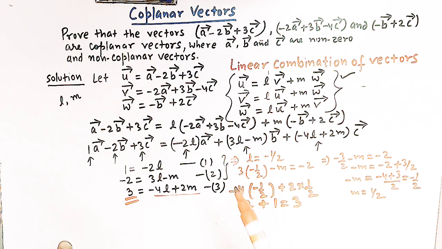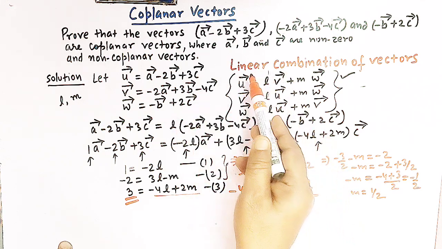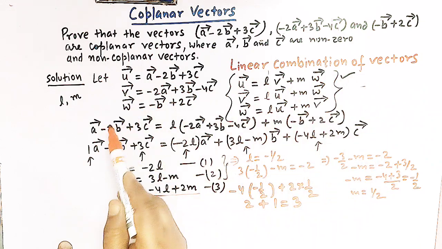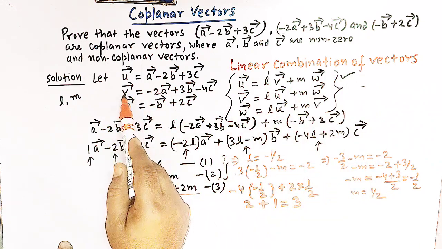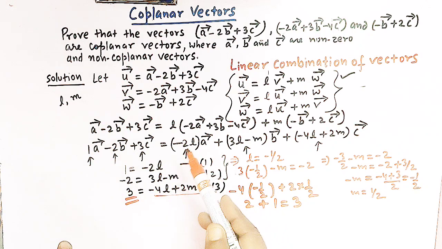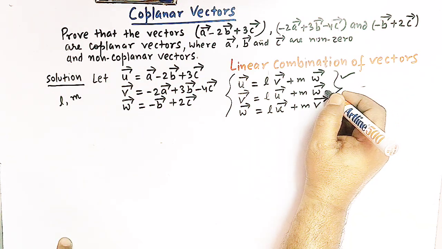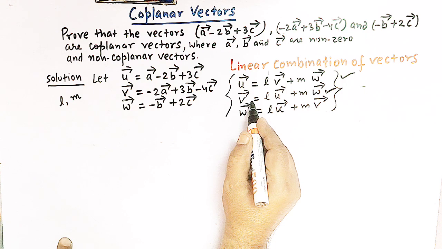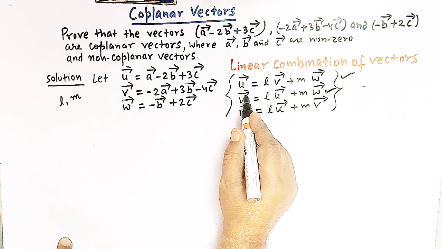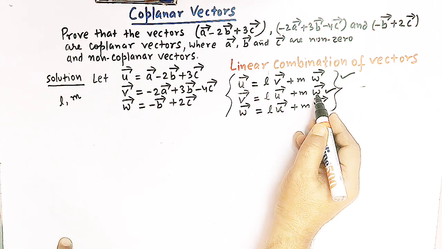So it implies that this vector u can be expressed as a linear combination of these two vectors, vector v and vector w, and this suggests that the three vectors are coplanar vectors. So now similarly, we can also use this expression, right? So vector v is expressed as a linear combination of vector u and vector w.